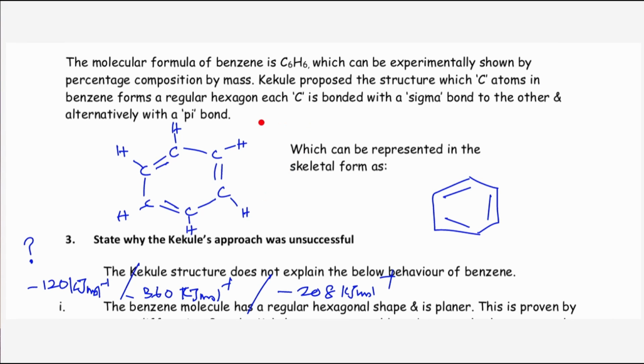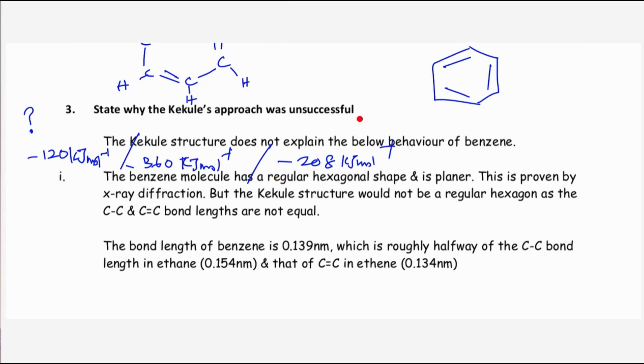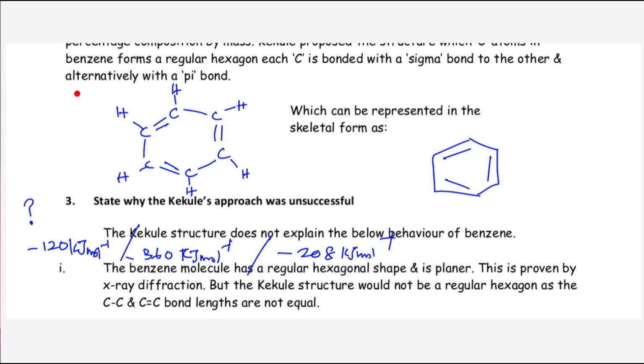Okay, there's a question: explain the perfect hexagon. In fact, X-ray diffraction of the benzene structure shows that benzene is a perfect hexagon. But in the Kekulé benzene, there are double bonds and single bonds, right?